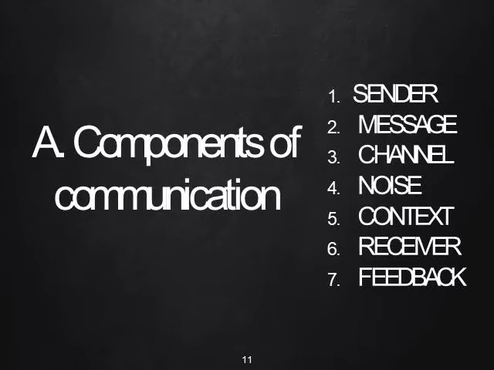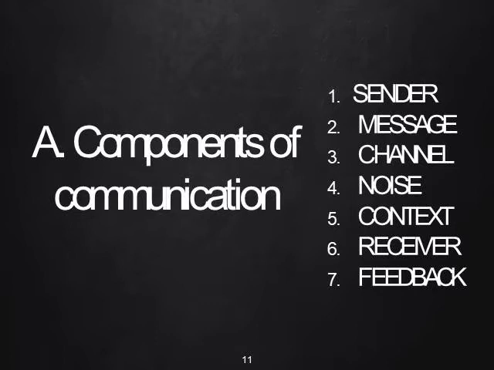The sender begins with the originator, who is also called the communicator or the source. The sender has some kind of information, could be a command, request, or idea that he or she wants to share with others. In order for that message to be received, the sender must first encode the message in a form that can be understood and then transmitted.